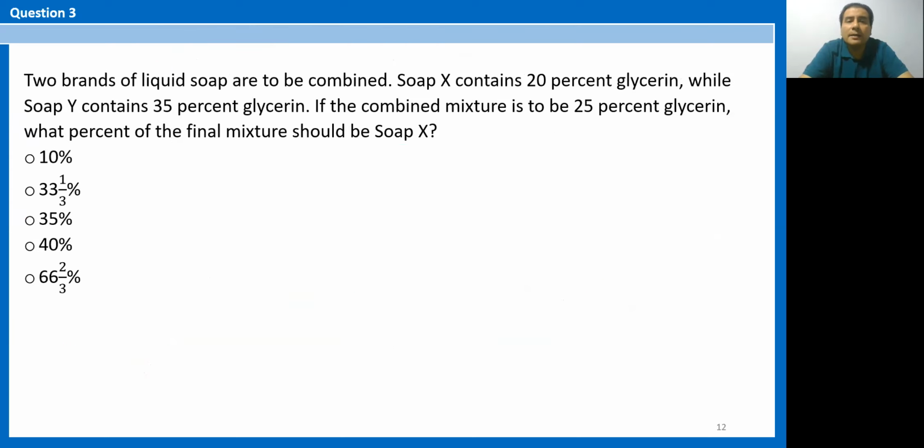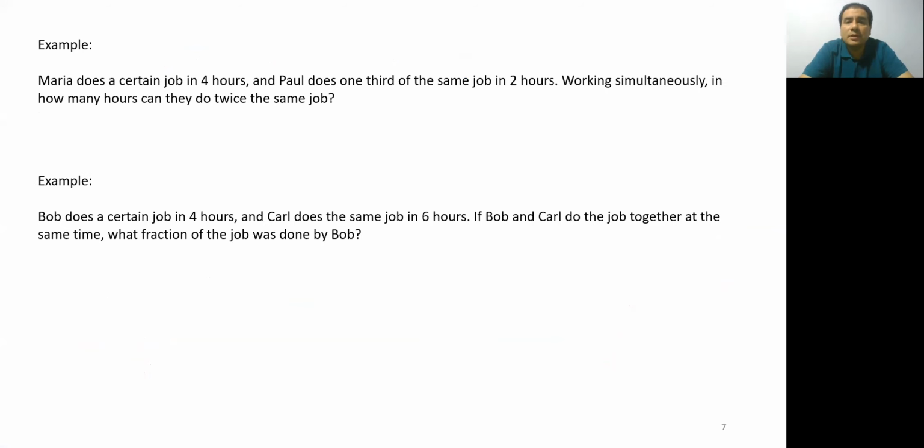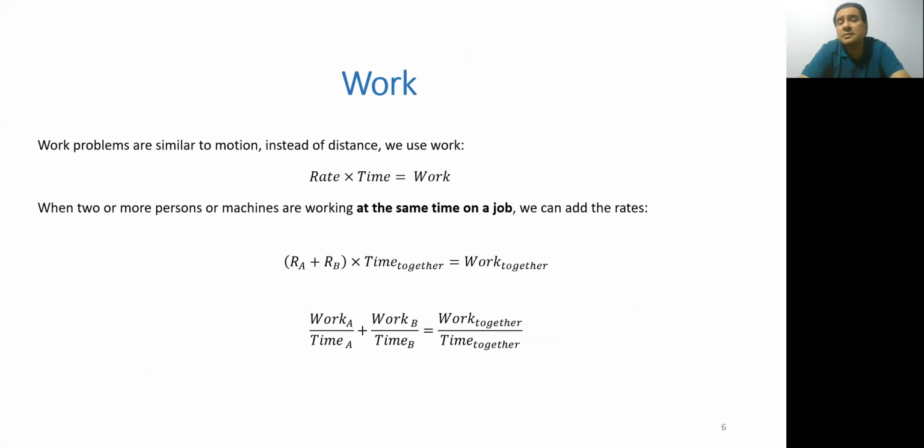Let's now go back to the theory of work. Work problems are similar to motion, actually. But instead of distance, we use the concept of work, which is another way to say rate or productivity, it's the amount of work that a certain machine or person can perform in a certain amount of time.